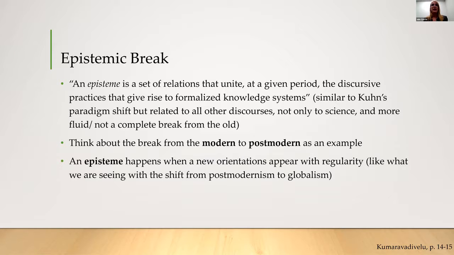We talked a little bit about this. An episteme is a set of relations or ideas that unite. So it's a common idea. This is similar to Kuhn's paradigm shift. Kuhn is one of the preeminent authors. I think he published in the 1920s, I might be wrong, it might be the 30s, but his book was talking mainly about how we get a paradigm shift.